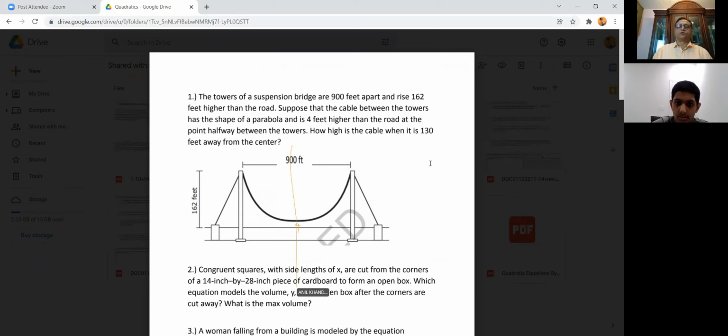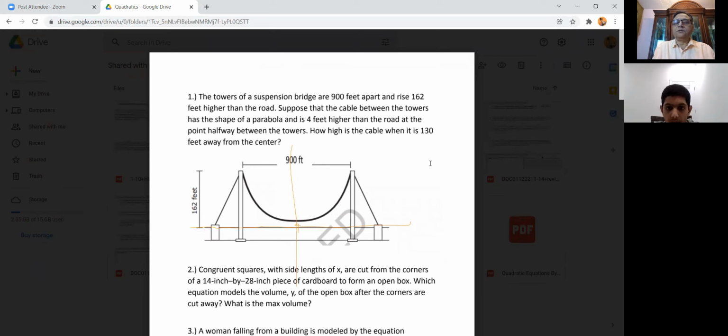So we are assuming this to be a parabola. So parabola is also symmetric. In the center, the cable is 4 feet higher than the road, right? And on the side it rises 162 feet higher than the road. So this is your road. 4 feet higher in the center.